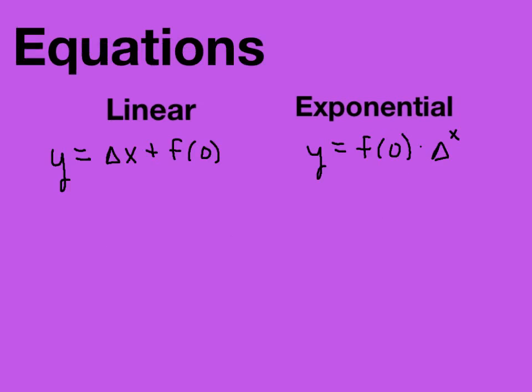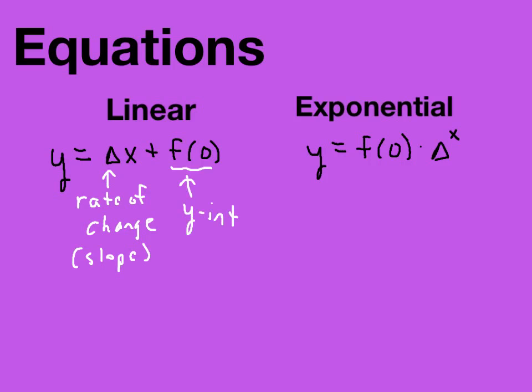Let's look at their equations. This will be the final thing we'll look at for this video. We said in the beginning that a linear takes the form of y equals delta x plus f of 0, and your delta was your rate of change, in our case we called this slope, and your f of 0 was your y-intercept.